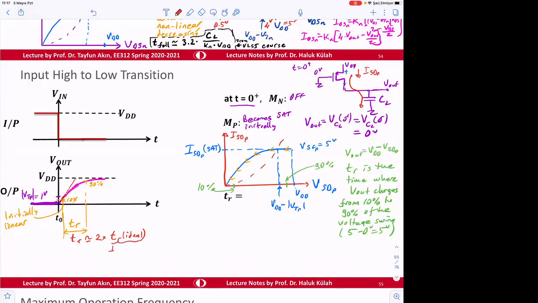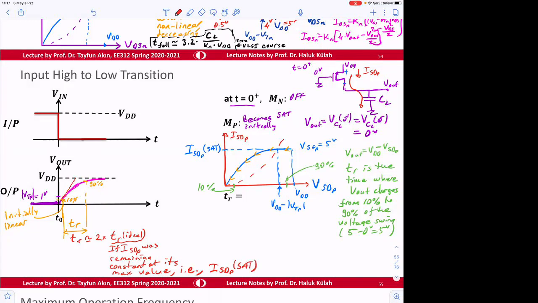If I source to drain of P was remaining constant at its maximum value, which is I source to drain of P SAT value.